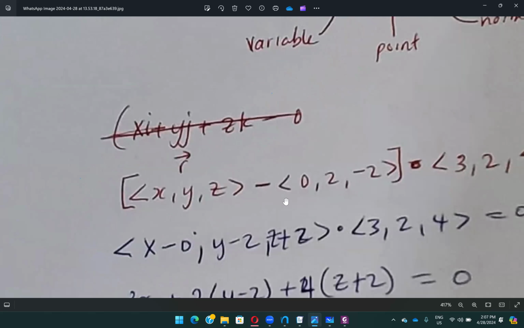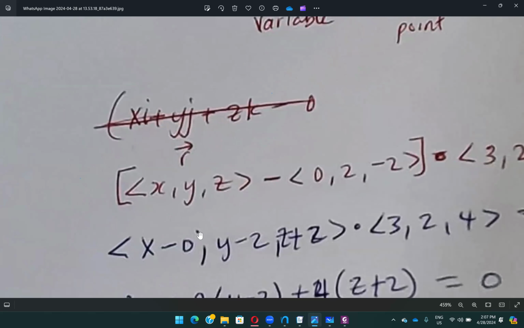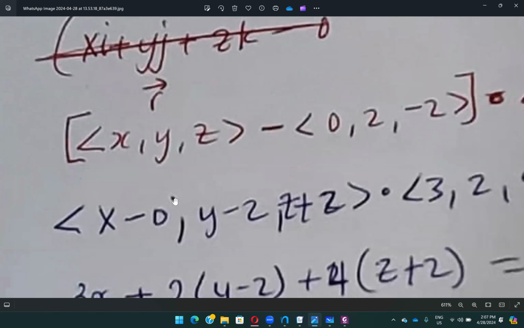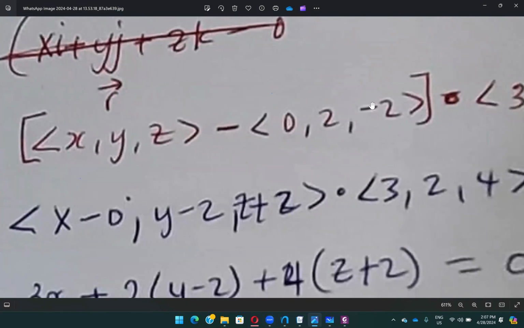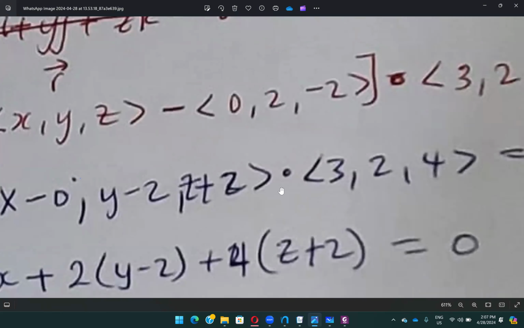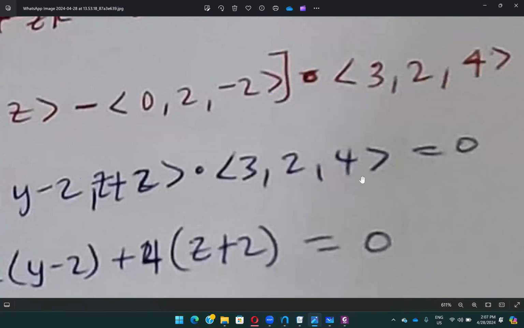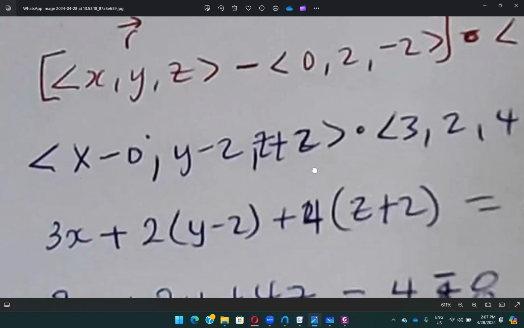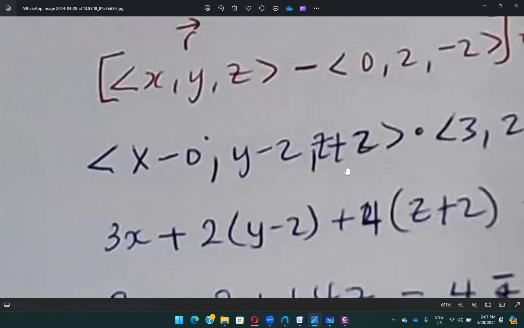And if we're subtracting vectors, we're subtracting component-wise, meaning we're going to have x minus 0, y minus 2, and then z minus -2, which is z plus 2, right? And we're going to have the dot product with 3, 2, 4. Remember that dot product is just you multiplying and then adding everything component-wise.